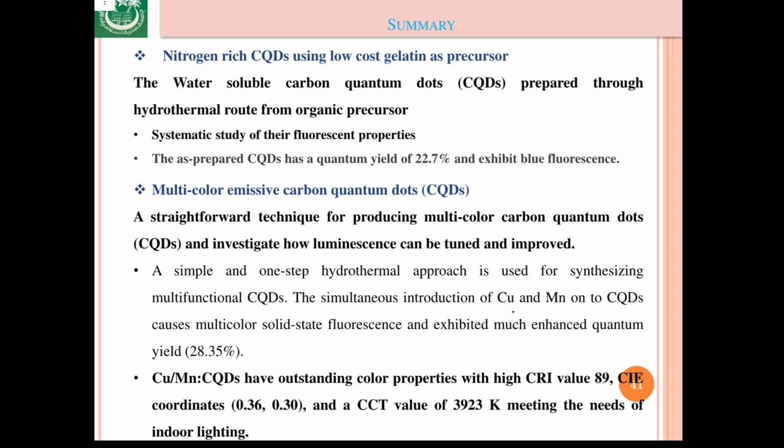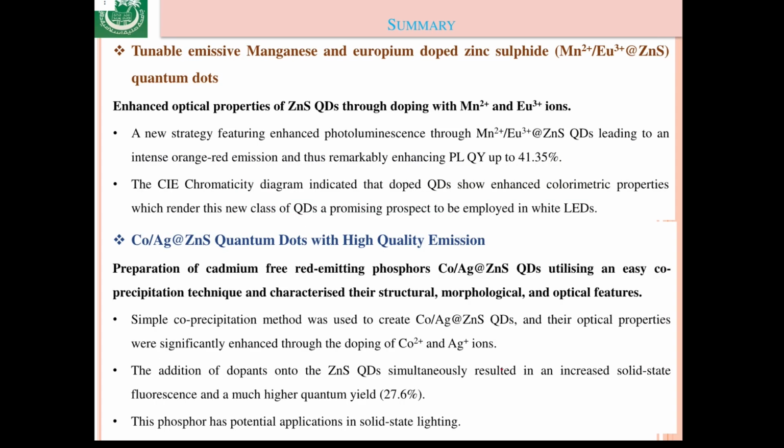And at a particular emission, these doped carbon quantum dots can be used as a single phosphor for white light, having suitable CRI values of 89, CIE coordinates very close to the coordinates of white light, and a CCT value of 4000, meeting the needs of all indoor lighting.